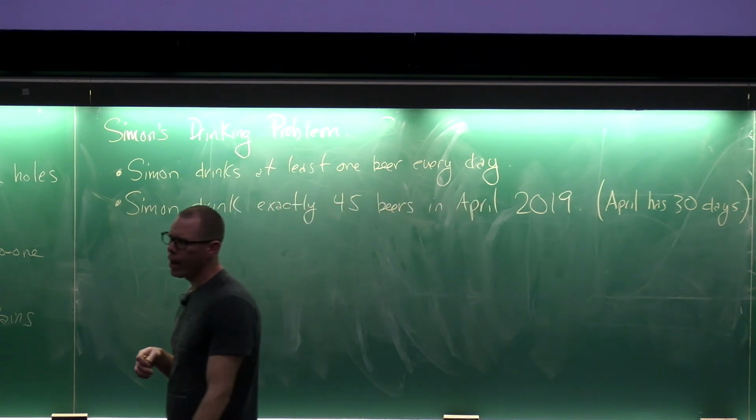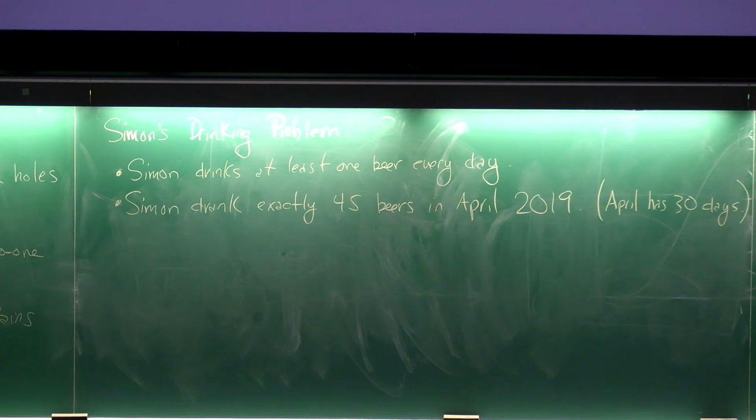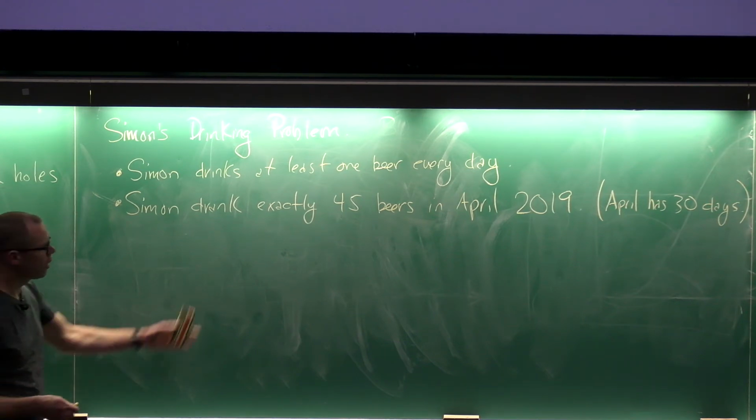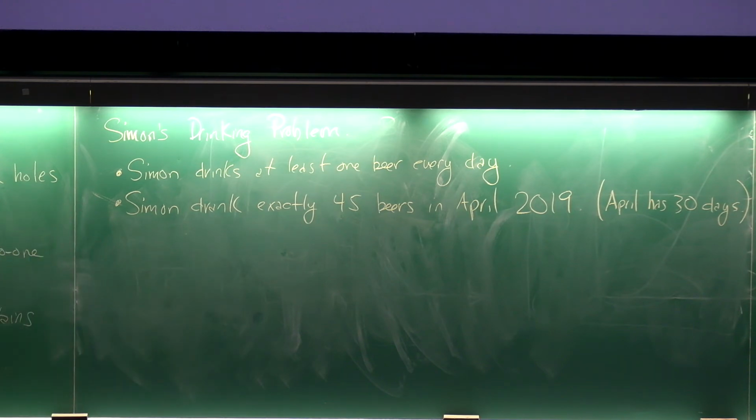Therefore, there was 1 day that Simon drank at least 2 beers. Agreed? Because if he only drank 1 a day, then he would have only drunk 30 beers.